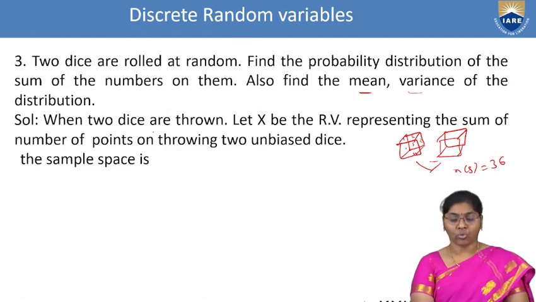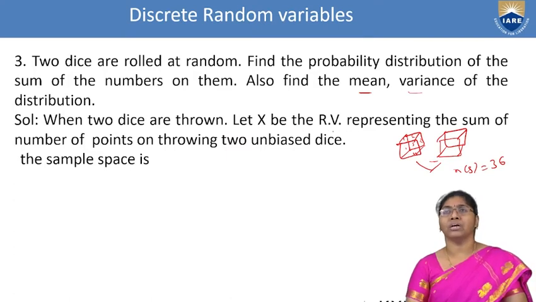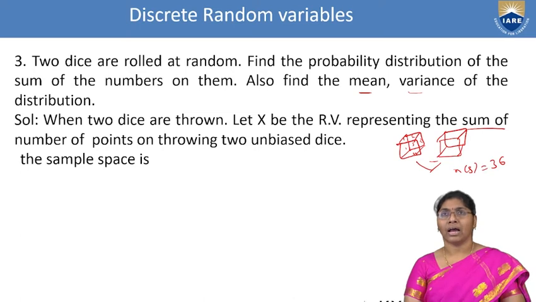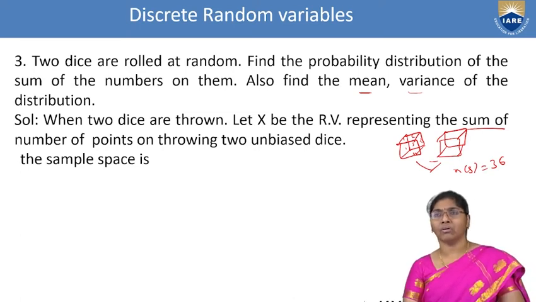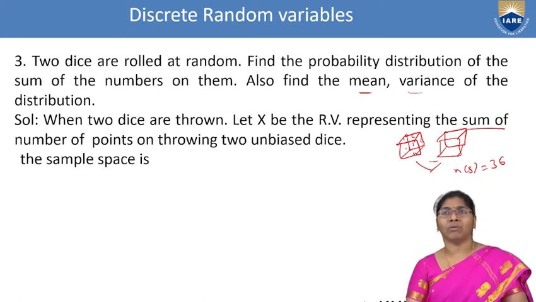When two dice are thrown, let x be the random variable representing the sum of the numbers of points on throwing two unbiased dice. Unbiased dice means they are perfectly balanced.